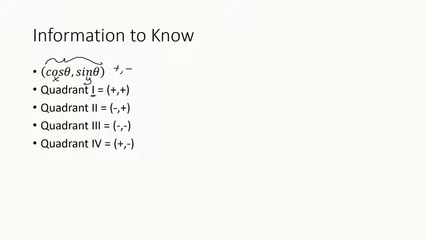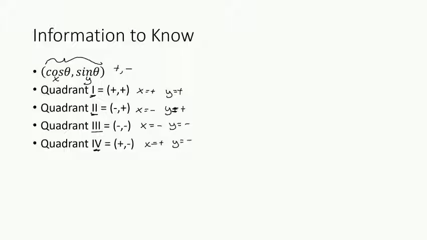So in quadrant 1, x is going to be positive and y is going to be positive. In quadrant 2, x is going to be negative and y is going to be positive. And then in quadrant 3, x is going to be negative and y is going to be negative. And in quadrant 4, x is going to be positive and y is going to be negative.